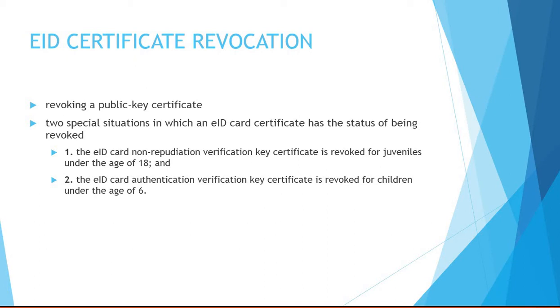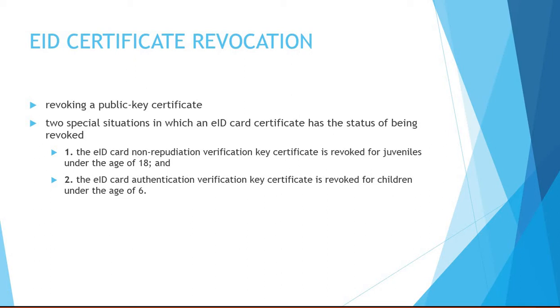There are two situations. If it is issued for people who are less than age 18, and they have used it but then say they have not used it, a non-repudiation issue, it will be revoked.